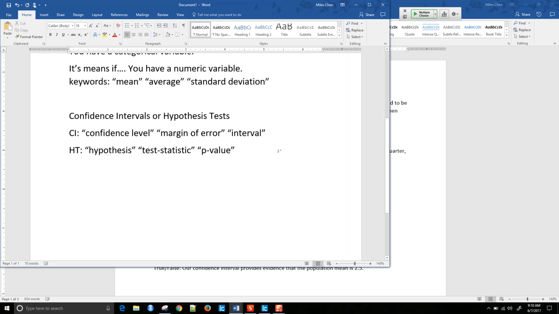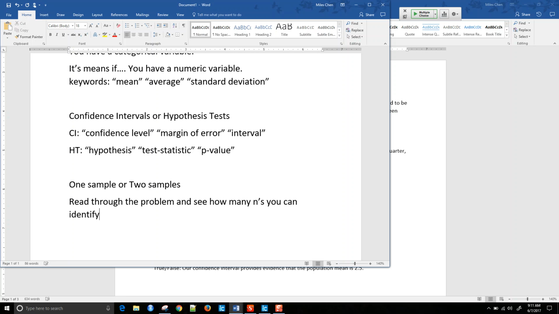All right, and then finally, one sample or two samples. Okay, the key here is go through the problem and see how many n's you can identify. Okay. If you can only identify one n, one sample size, then you're dealing with one sample.